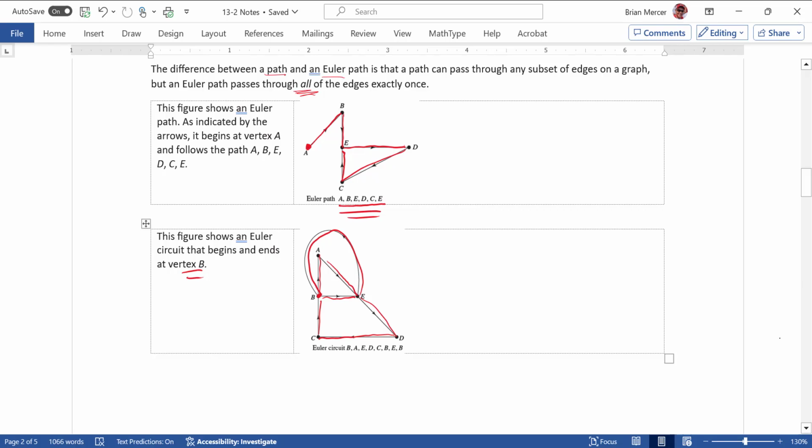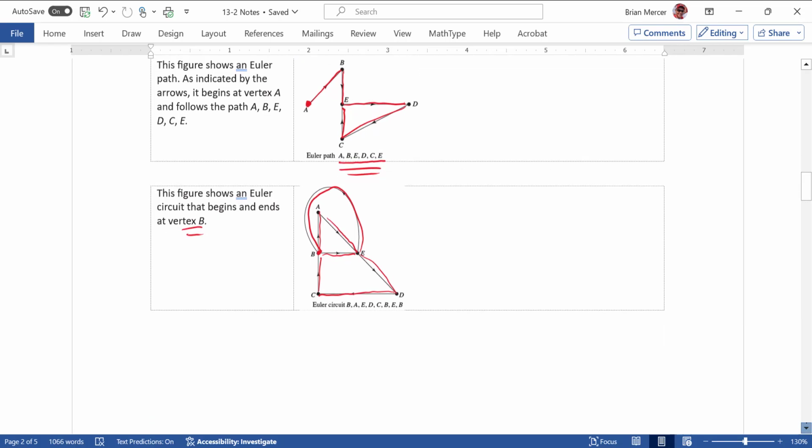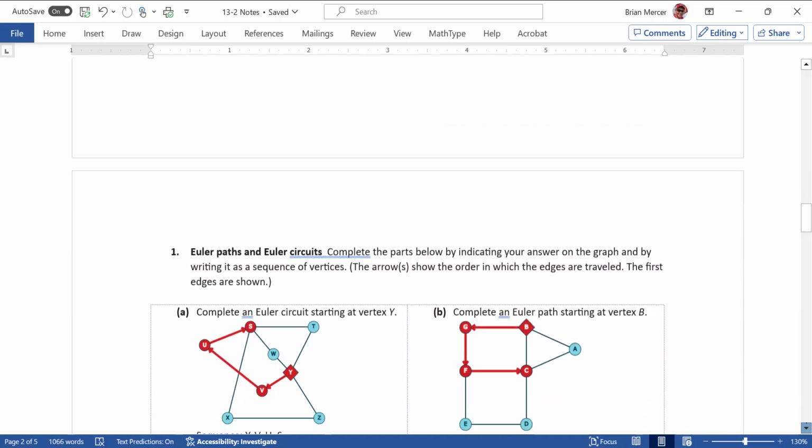So that's kind of the idea. Let's look at an example.